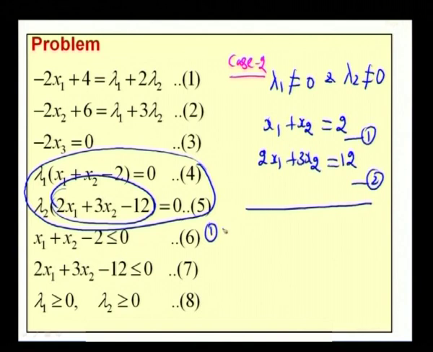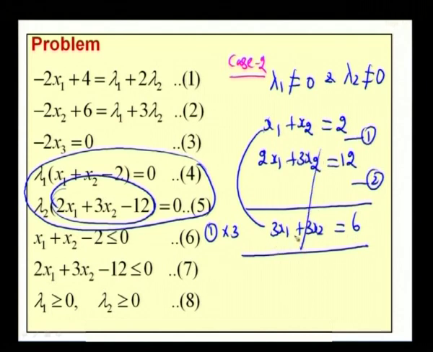Multiplying equation 1 by 3, it becomes 3x1 plus 3x2 equal to 6. Now, by subtracting, x2 gets cancelled, and we have minus x1 equal to 6, which gives us x1 equal to minus 6. With this value of x1 equal to minus 6, we get x2 equal to 2 minus of minus 6, which is 8.